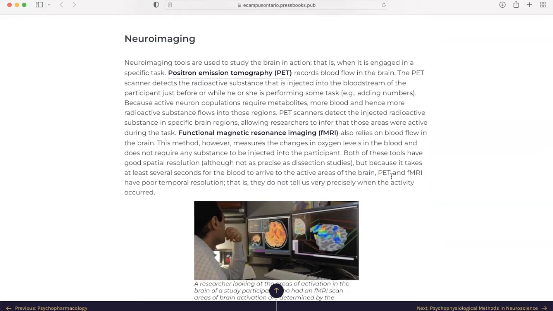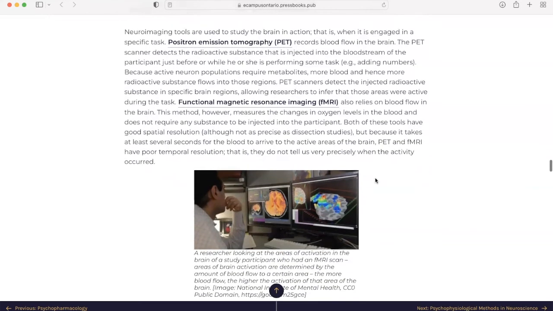The PET scanner detects the radioactive substance that is injected into the bloodstream of the participant just before or while he or she is performing some task. That's how they get neuroimaging with that tool: they have to inject a radioactive substance into the bloodstream.